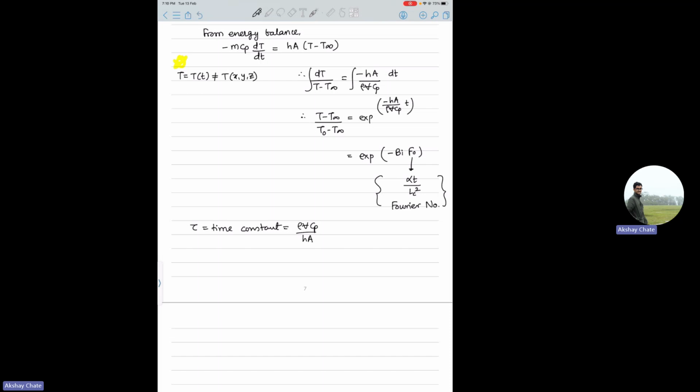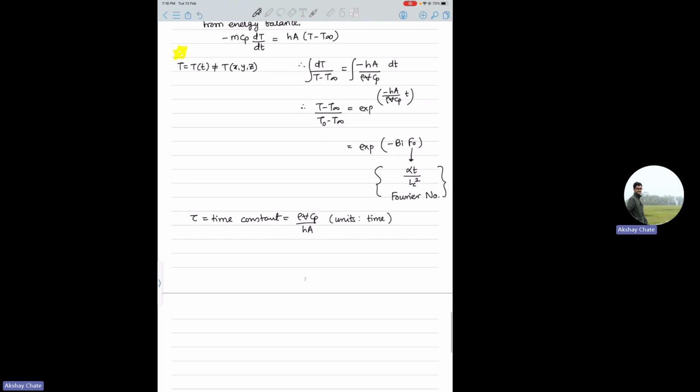And it will have the units of time. So basically your (T minus T infinity)/(T0 minus T infinity), you can directly write it as minus t by tau.